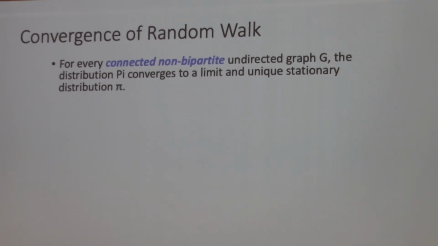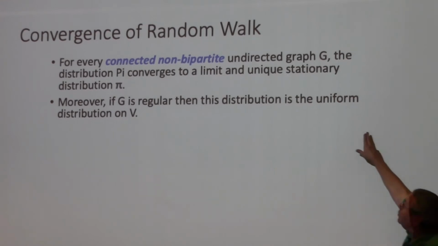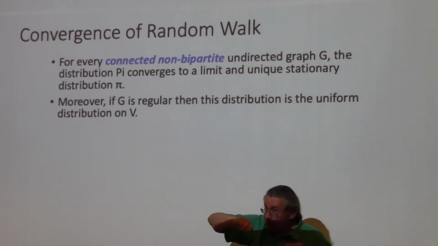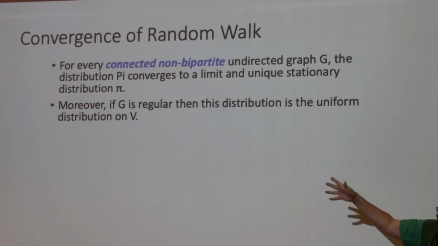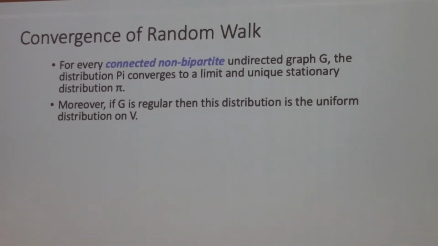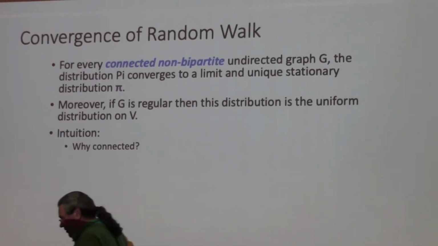Okay? And it has to be connected and non-bipartite. And if G is regular, that means all the nodes have the same degree, then it's a uniform distribution. So somehow how uniform the distribution is shows you how uniform the degrees are. But now we can build some intuition here.